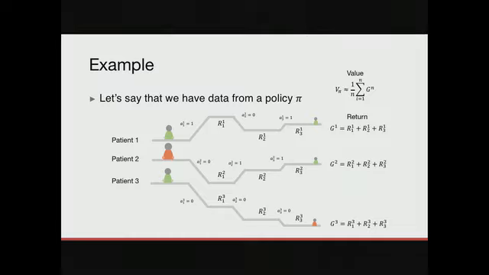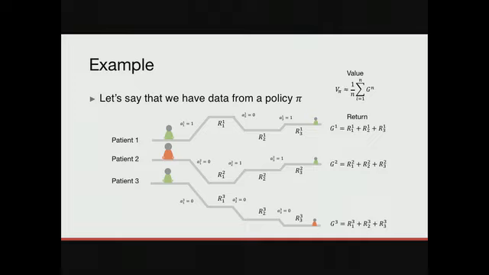So as an example, I drew a few trajectories again, because I like drawing. And we can think about 3 different patients here. They start in different states, and they will have different action trajectories as a result. So we're treating them with the same policy, let's call it pi, but because they're in different states, they will have different actions at the same times. So here we take a 0 action, we go down. Here we take a 0 action, we go down. That's what that means here. The specifics of this is not so important, but what I want you to pay attention to is that after each action, we get a reward.